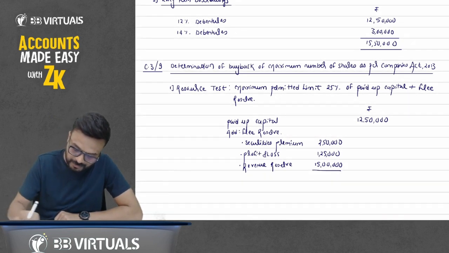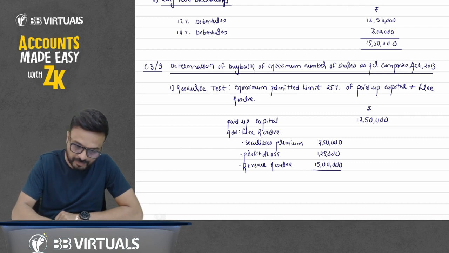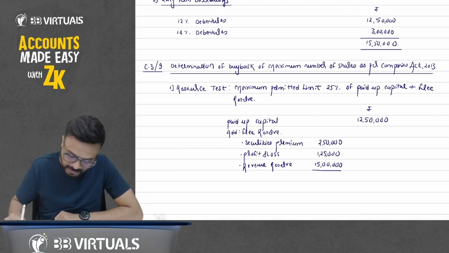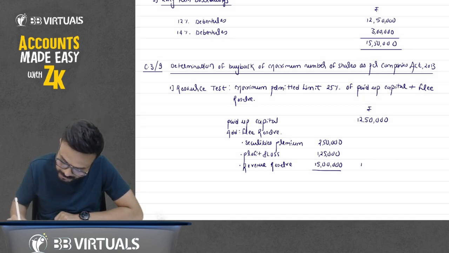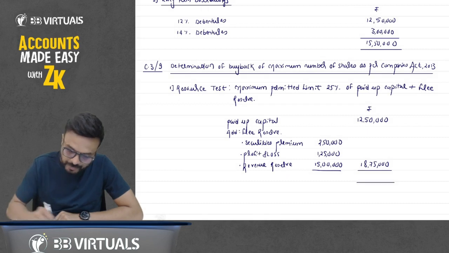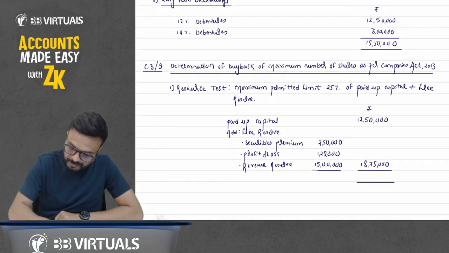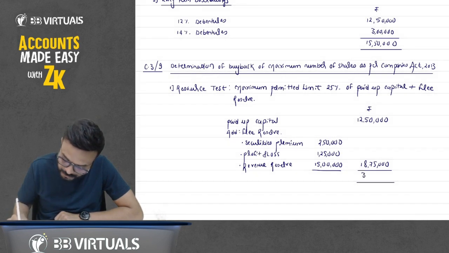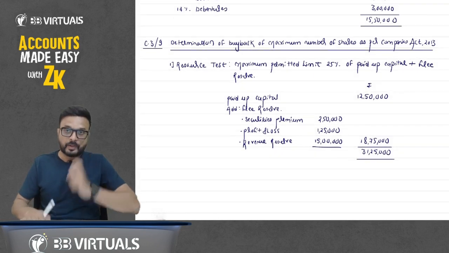So how much is it? It comes to 18,75,000. So total paid up capital and free reserve is 31,25,000. Now what is the condition?